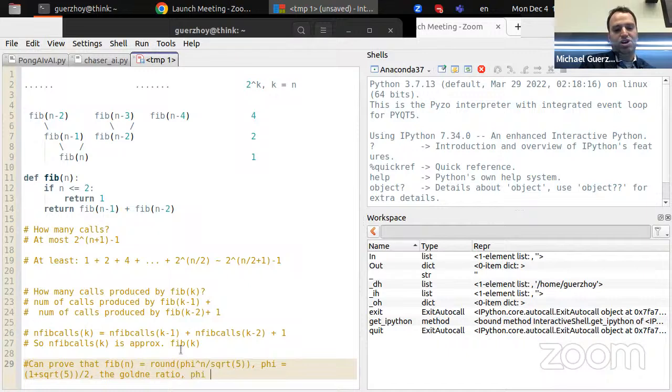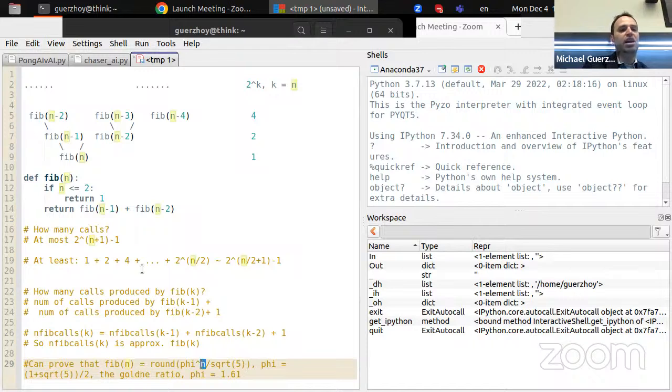And phi is approximately like 1.61. So that's interesting. So that means that the Fibonacci numbers themselves are like 1.61 to the power of n.